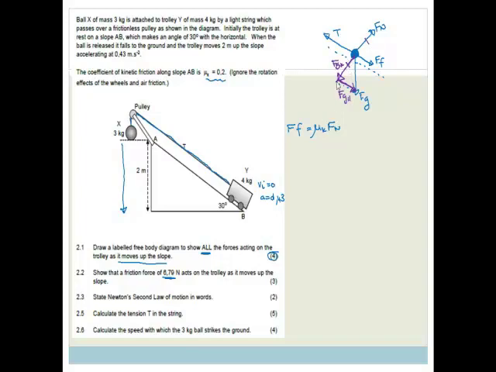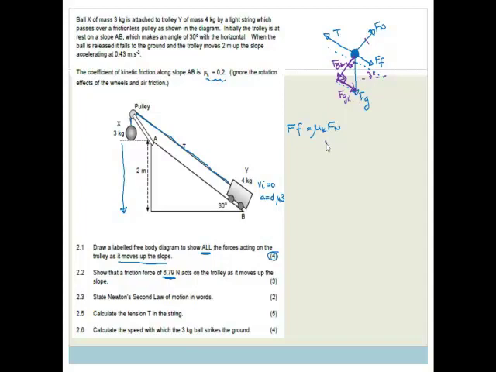So if I work out what Fg perpendicular is, then I will know what F normal is. And we know the angle of the slope is 30 degrees. Therefore, we know that this angle here is 30, and that is 90, because these are the vertical and horizontal components of the force of gravity. So we want Fg perpendicular, which is the adjacent side, and we know the mass of the object, so we have the hypotenuse, which is the force of gravity.